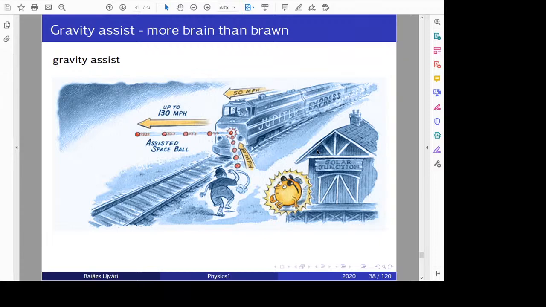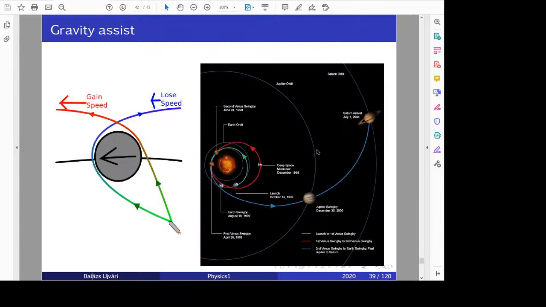If you have a body going, in this example, with a speed of 50, and you throw a ball with a speed of 30, you can speed up your ball by 2 times the speed of the heavy body, which is 100, plus your original 30, up to 130. Why is it important? Because in some cases, if you want to go far with a satellite or something, you can use it.